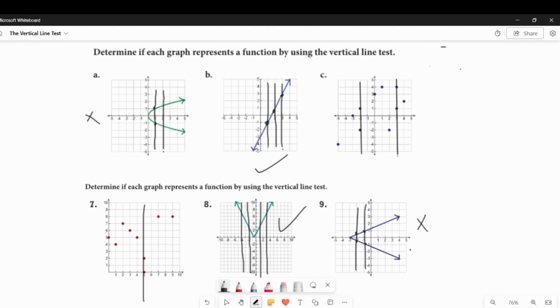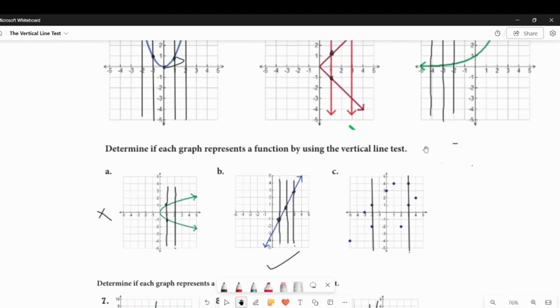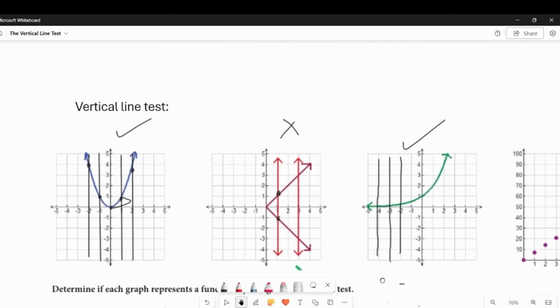Now the question should be why we say that only one point should be passing through the vertical line. It is pretty obvious because by the definition of a function, we know that every input must have only one output. So if you see example number 2, the input is shown on the x-axis and the output is shown on the y-axis.